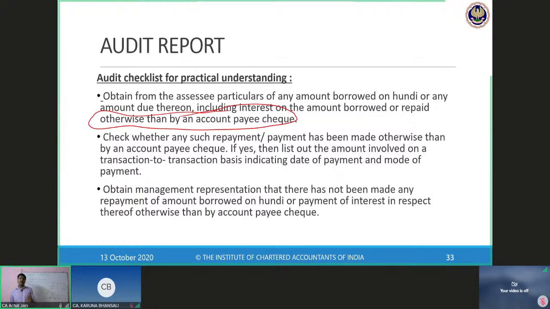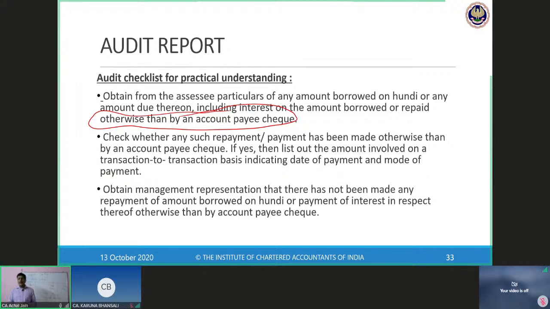Because if that is by an account payee cheque, it's not required to be furnished. Details are not required to be put in Form 3CD. Then he will check whether any such repayment or payment has been made otherwise than by an account payee cheque. This is the most important point.